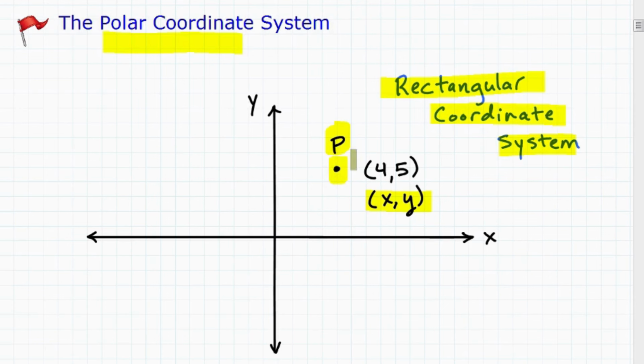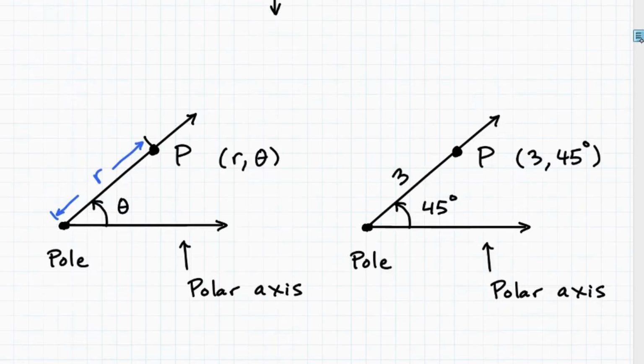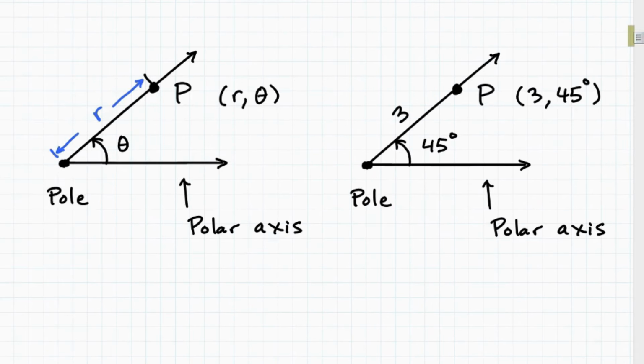On the rectangular coordinate system, we can describe the precise location of this point by using ordered pairs. But in the polar coordinate system, we do something different. We're going to give somebody an angle. Think of it this way: this point P is located at some angle and then some radius out, some distance out from some fixed location.